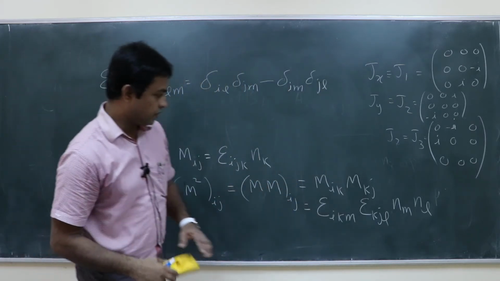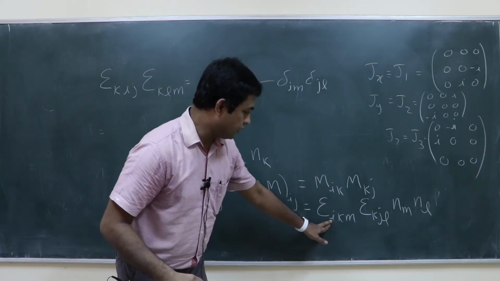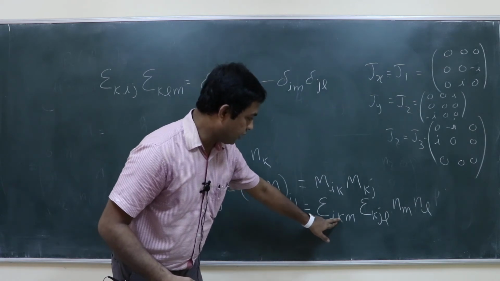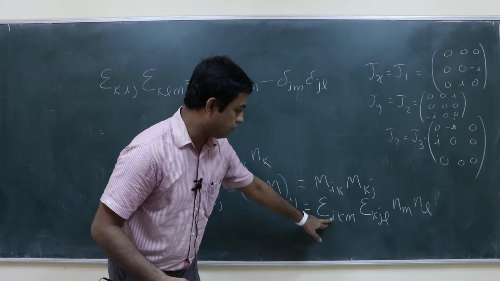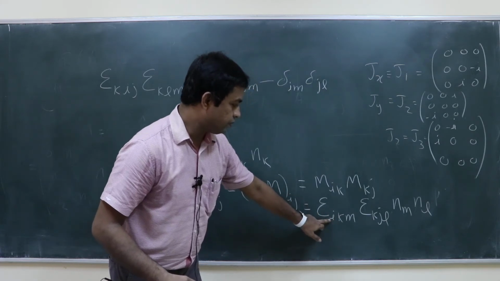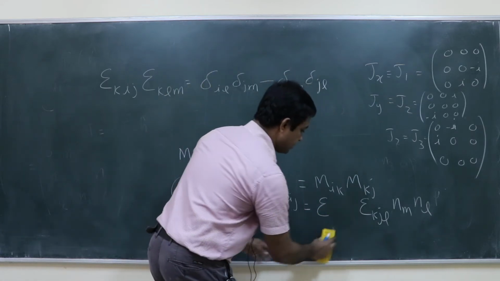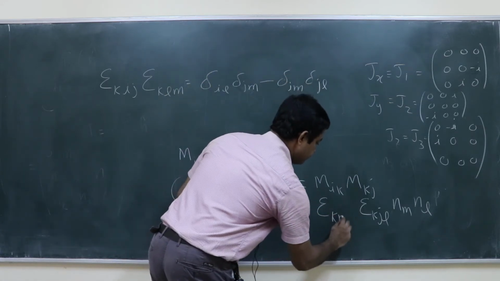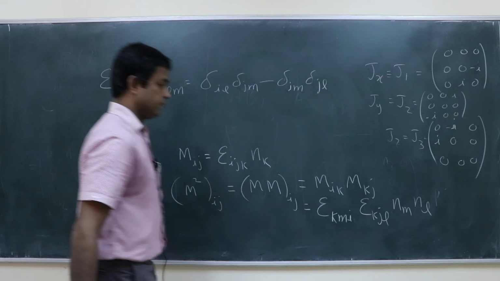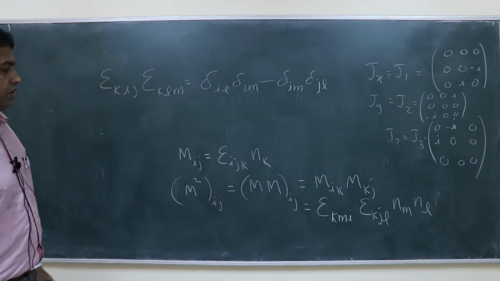So it is better you keep this k in the first place. If I keep k in the first place without a sign, what will this be equal to? IKM is the same as KMI. Okay. So this is the same as KMI. Now you can apply this formula and get the answer.